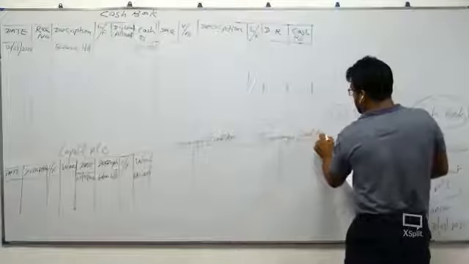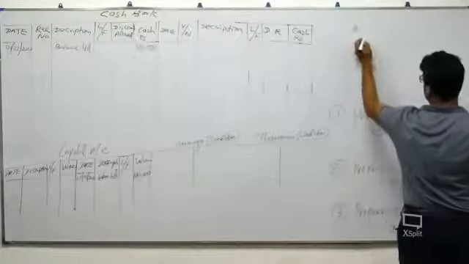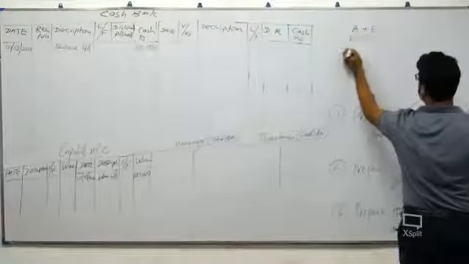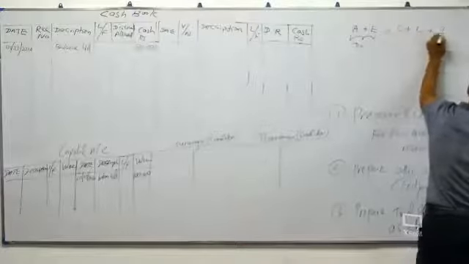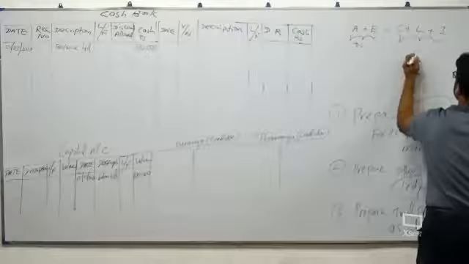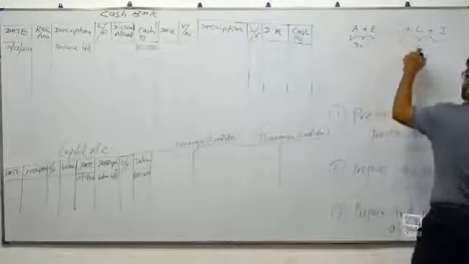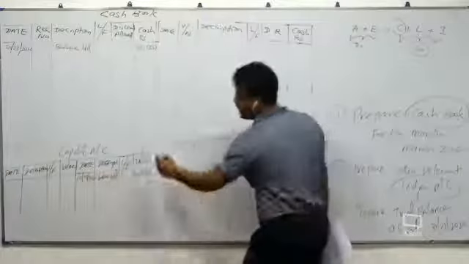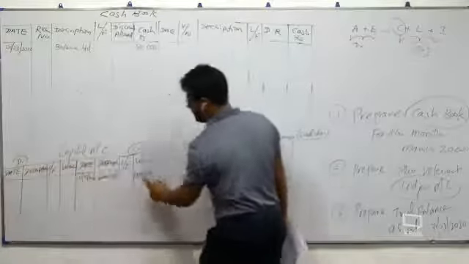You need to have the basic knowledge: assets and expenses generally are debit. Capital, liability, income generally credit. This is the basic double entry knowledge. So capital is credit. That's why I have recorded capital on the credit side, because capital is a credit balance.